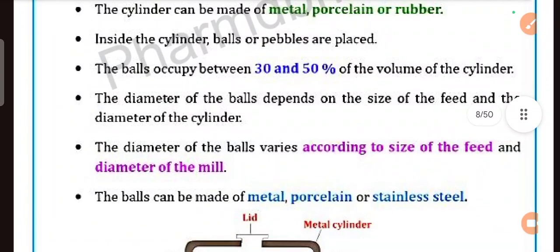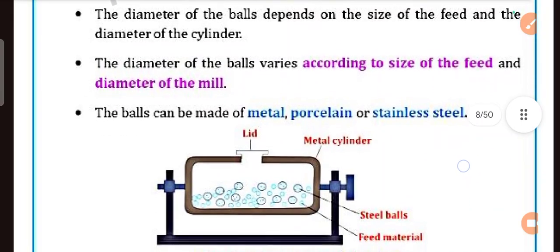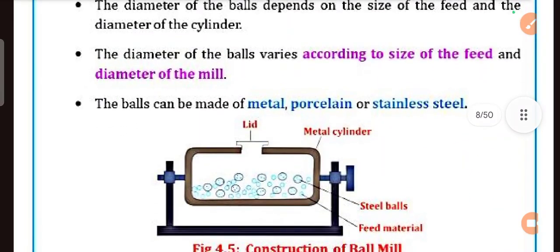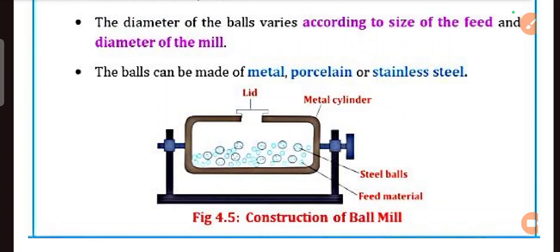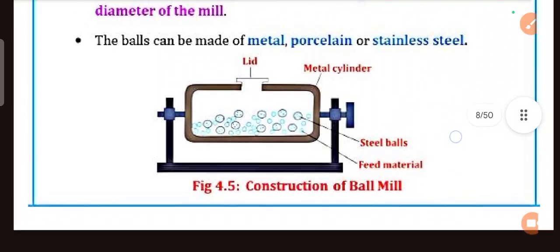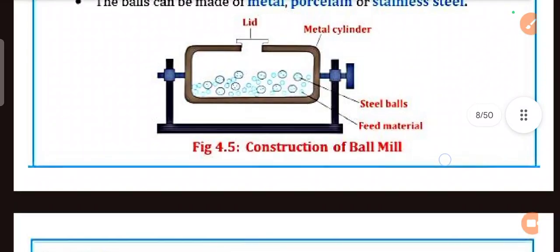The diameter of the balls varies according to the size of the feed and the diameter of the cylinder. The balls can be made of metal, porcelain, or stainless steel. Metal cylinder, lid, steel balls, feed material: construction of ball mill.